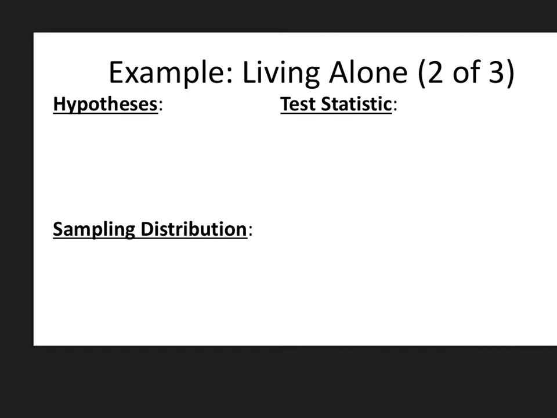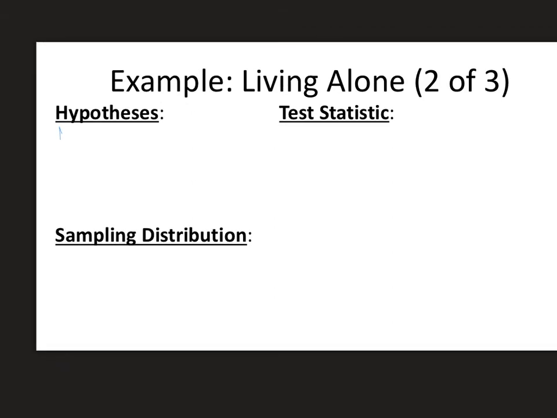The null hypothesis is P equals 0.4, and this is our claim from the advertisement, and our alternative would have to be P is not equal to 0.4. And alpha here is 0.05.